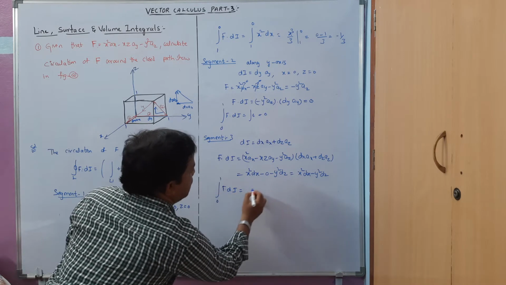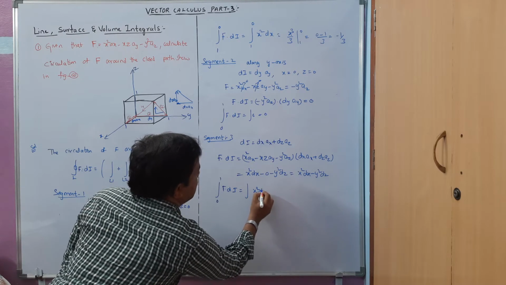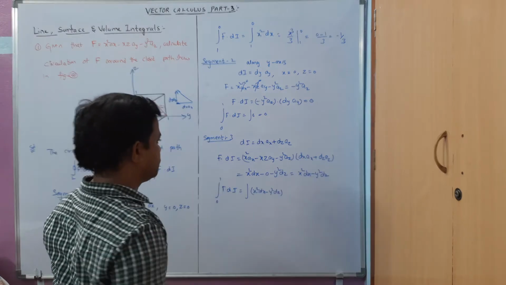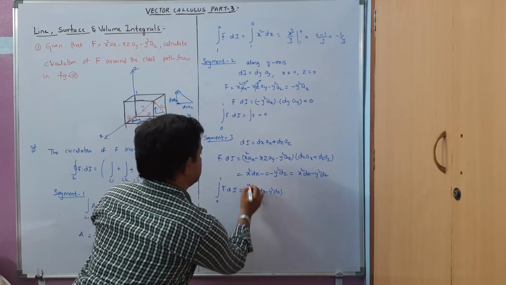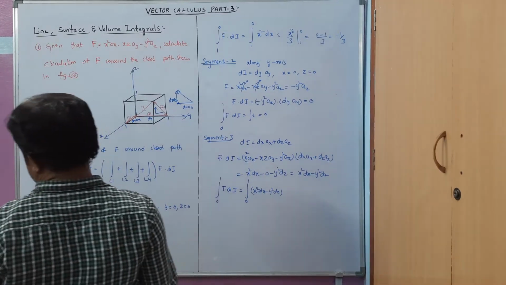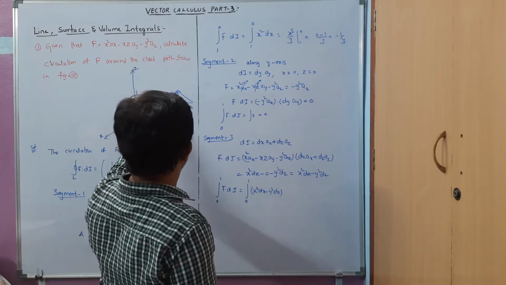So what we have got, f dot dl, integral x square dx minus y square dz, integral 0 to 1. So here as we know that x is equal to z here.